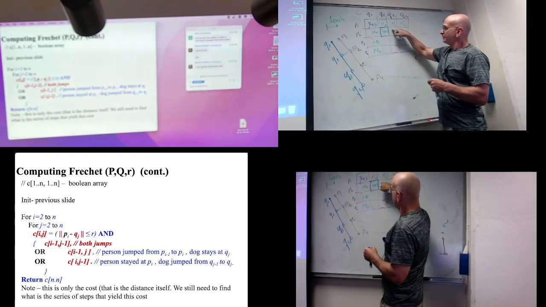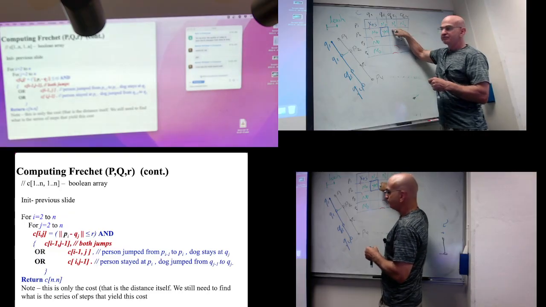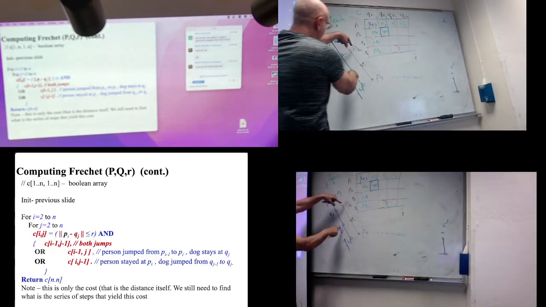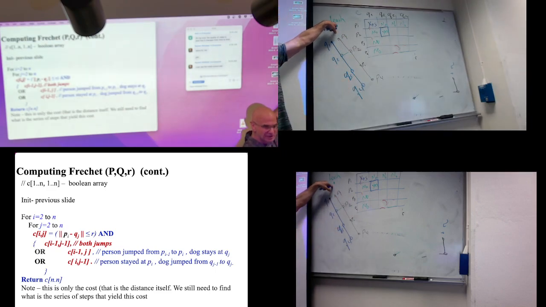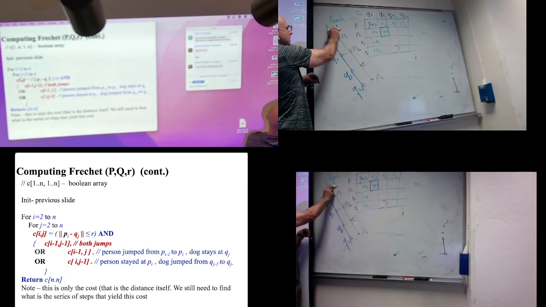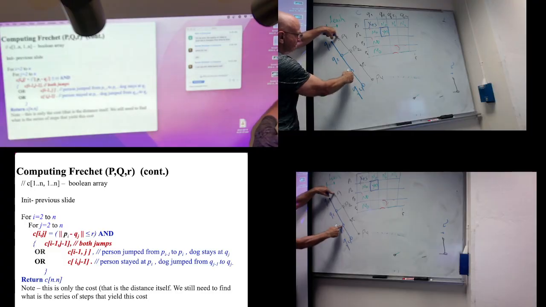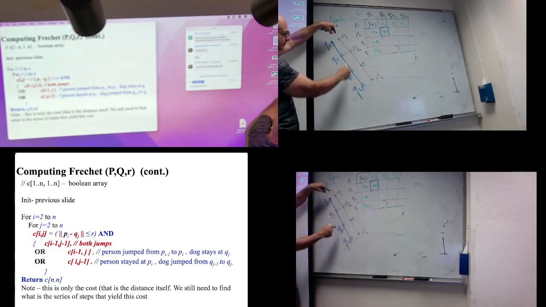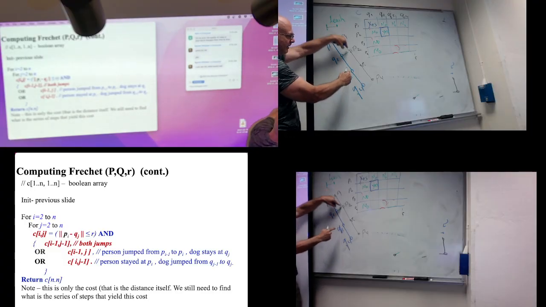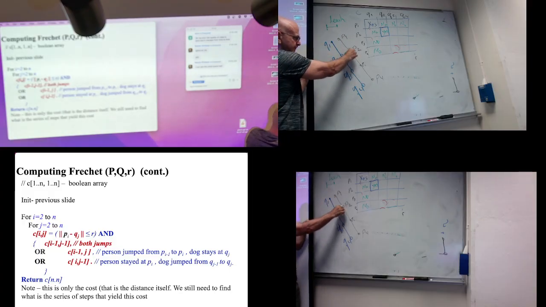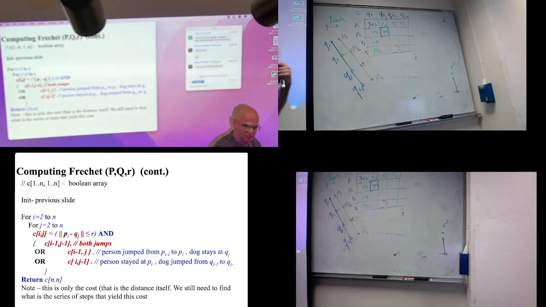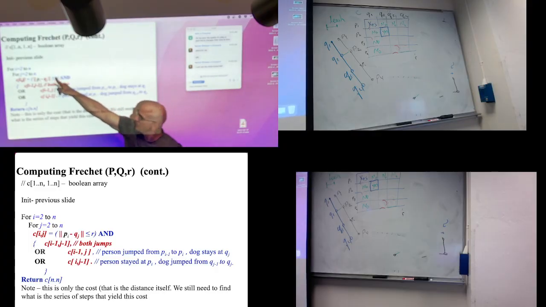What do I write here? P2, Q3. P2, Q3, this length of the leash. Well, P1 minus Q3, this distance, is more than the marker, too long. So this condition already failed.